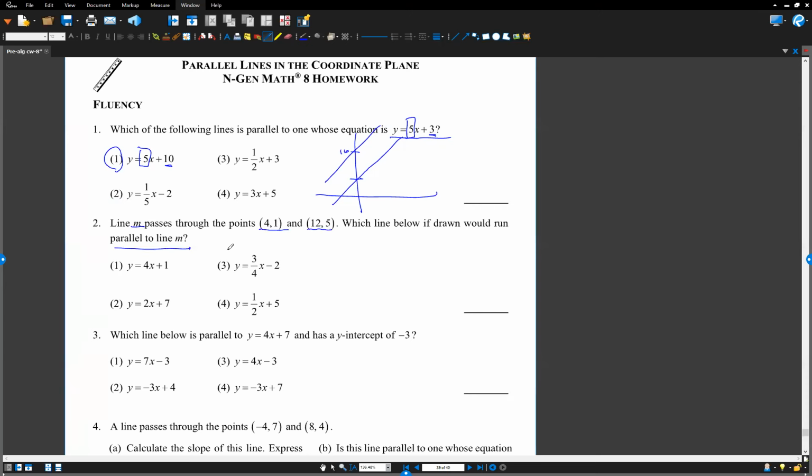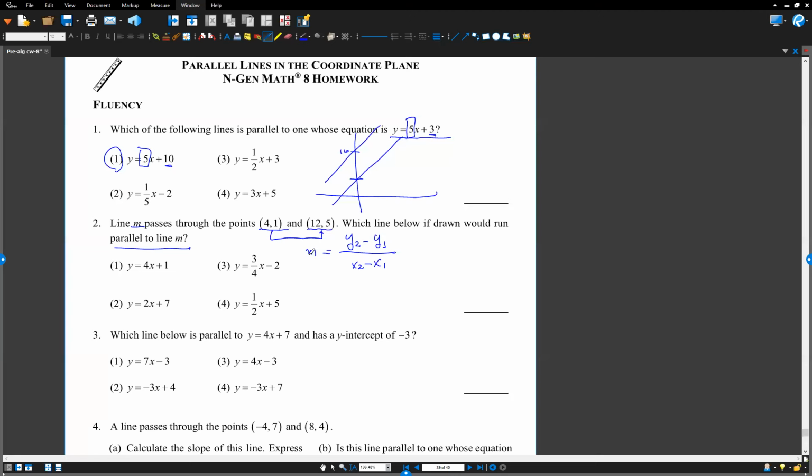Slope must be equal. So we need to find the slope of these 2 points. We did this already. How can you find slope? y2 minus y1 over x2 minus x1. That's the formula to find the slope, because we know that a parallel line has the same slope.